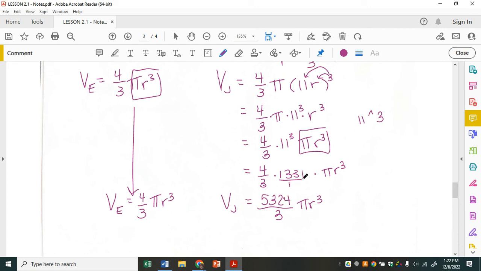Okay, technically, this is our final answer here, but our question is asking how many times greater is Jupiter's volume than Earth's volume? It's right here, right? Because this stayed consistent in my Earth's formula. These stayed consistent in my Earth's formula. So Jupiter's volume is 1,331 times greater.